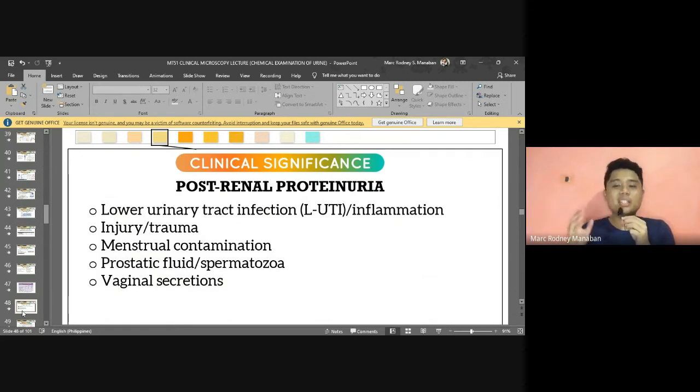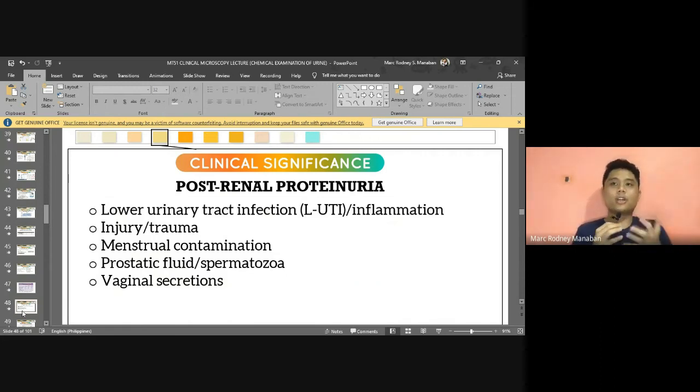So therefore, if the urine is positive for protein, you cannot immediately say that it could be caused by a kidney problem. Although you could say kidney problems, as we have mentioned, because your reagent strips are really sensitive to albumin, you also have to take into consideration other causes of proteinuria, whether pre-renal or post-renal.